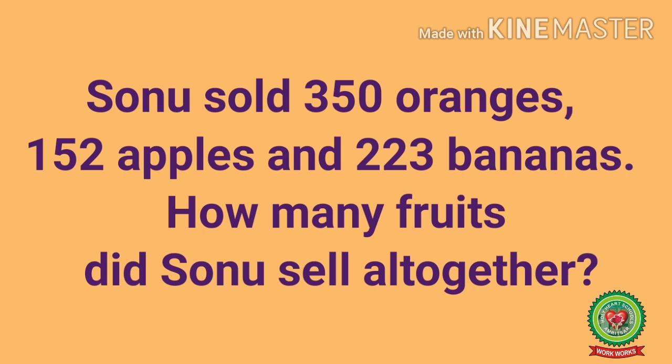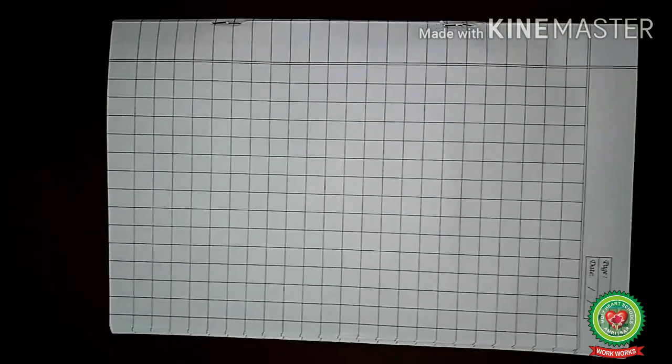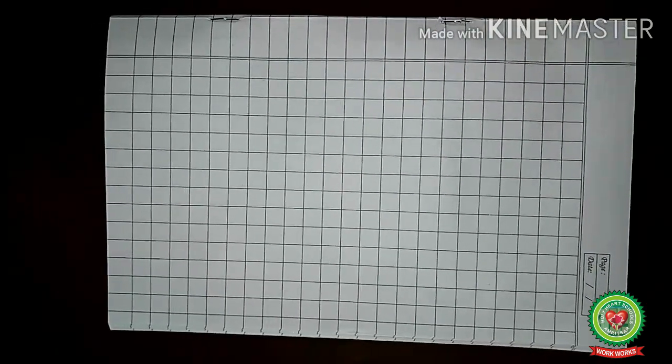Now we will see how we can solve this sum on the copy. Pay attention. Okay children, as you have seen the statement, Sonu sold 350 oranges, 152 apples and 223 bananas.